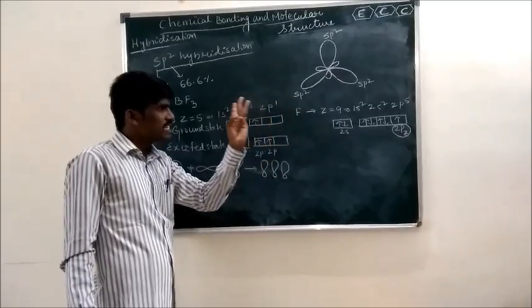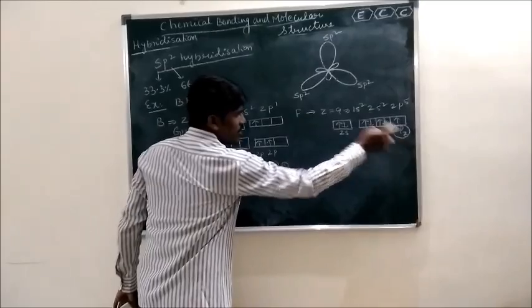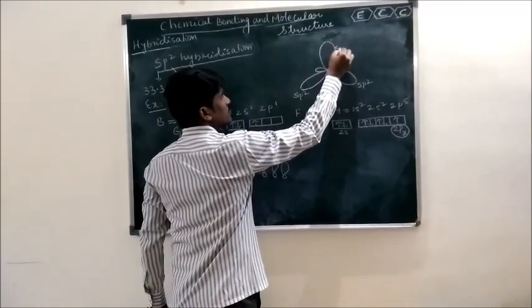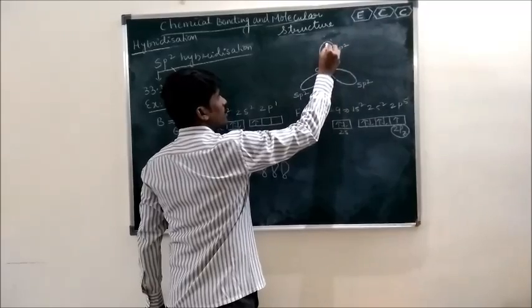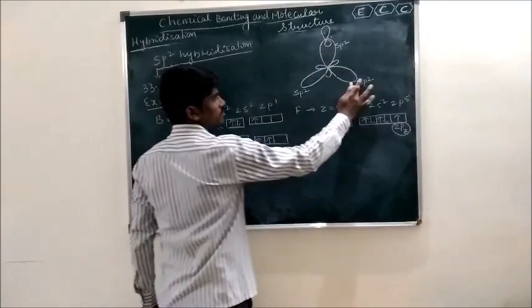3 fluorine atoms have 3 unpaired electrons, and the 2pz orbital of fluorine can undergo overlapping with an sp2 hybrid orbital of boron.